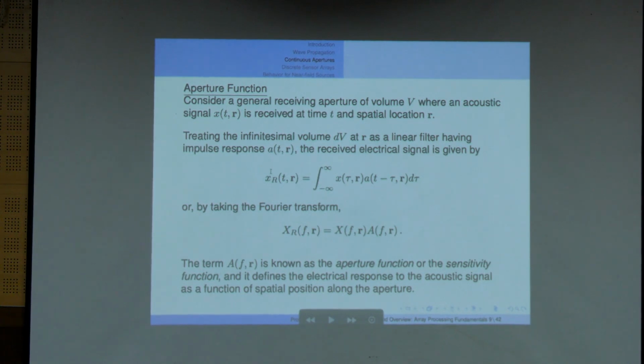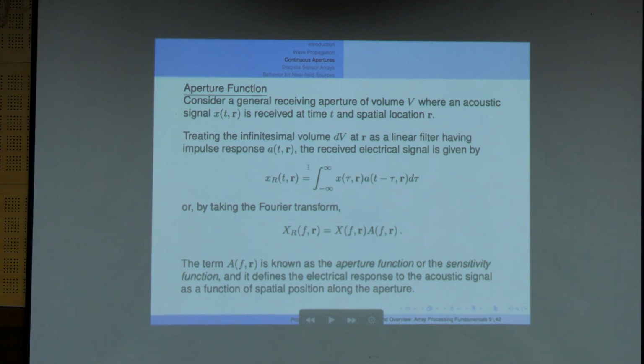The purpose of our receiving aperture is to translate the acoustic wave into an electrical signal. So you take every point on the aperture and ask yourself, what is the impulse response at that point? X(R) is the electrical signal obtained at the output of that point, of that area, and x(τ, R) is the acoustic wave that impinges on, that hits, that point R, and A(τ, R) is the impulse response.